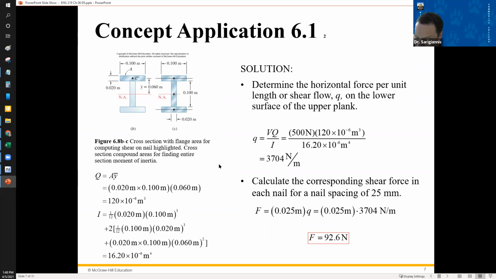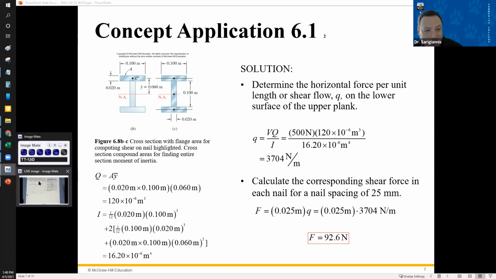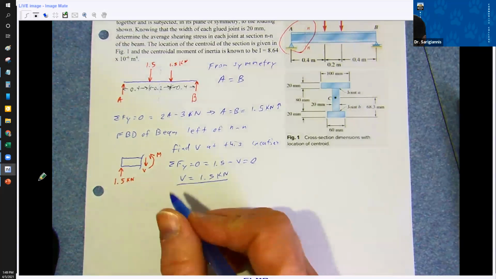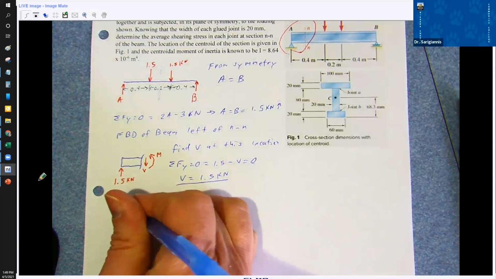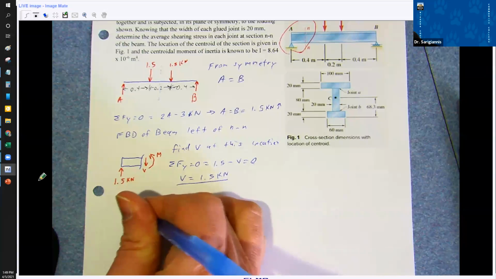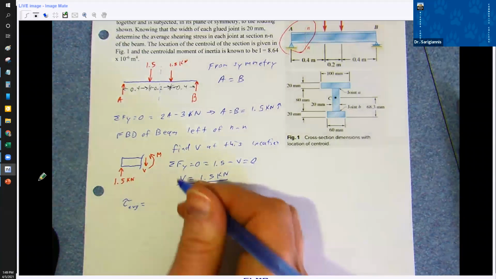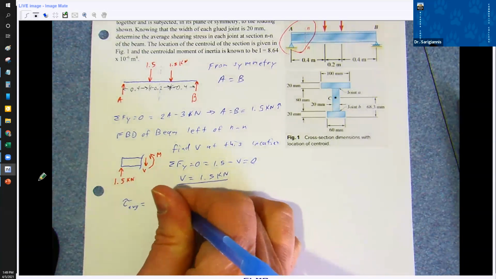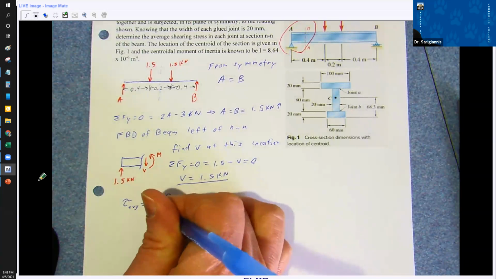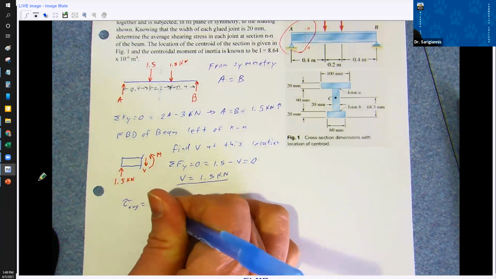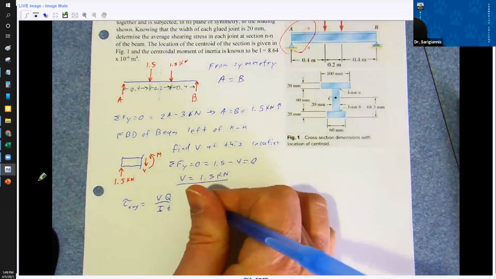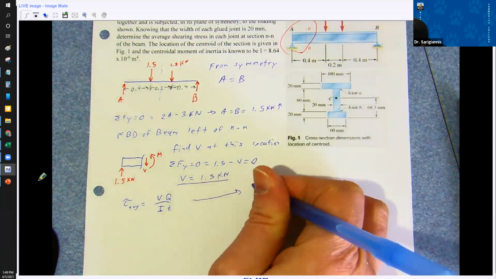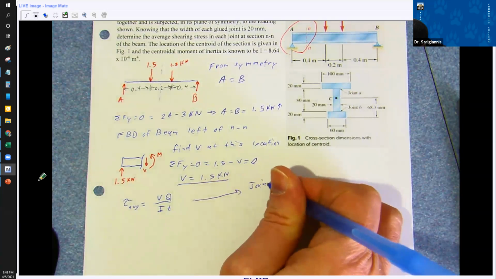We were given the moment of inertia and the thickness, and I think that's all. Average shearing stress, so tau average is VQ over IT. From this, I'm going to first examine joint A.